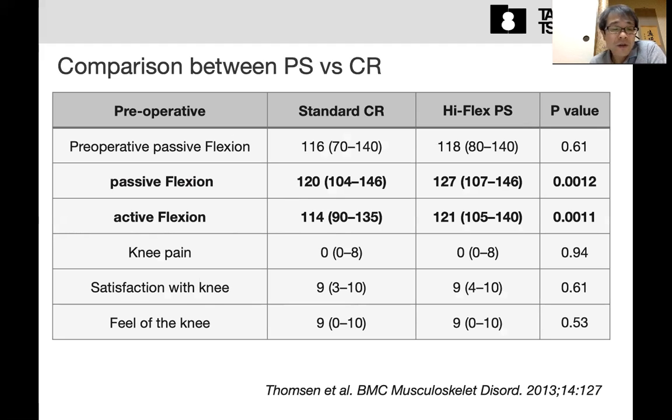In other scores, for example pain score and function scores such as KSS and Oxford knee score, it was equivalent between the two types of components. So the difference was just the flexion angle.